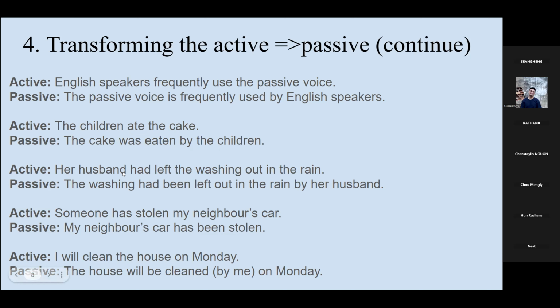Her husband had left the washing out in the rain. The washing had been left out in the rain by her husband. As I told you, if we don't want to mention the agent or it is not important, there is no need to add it.